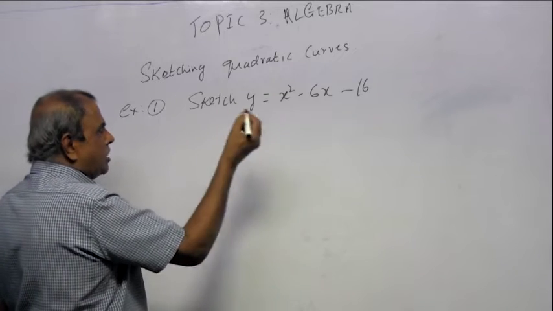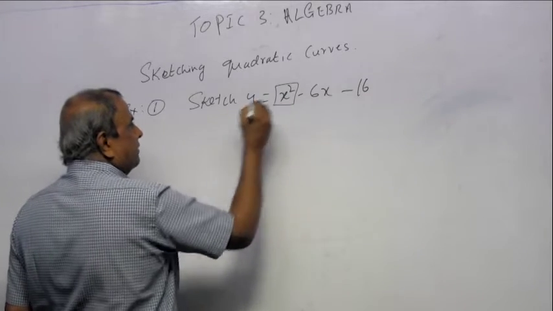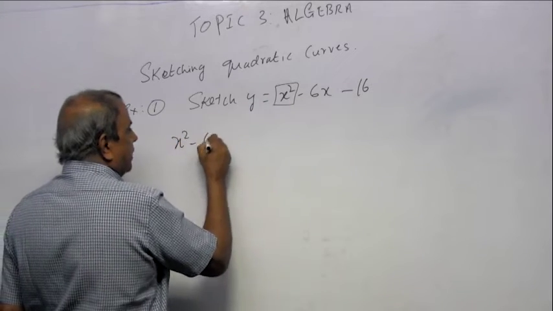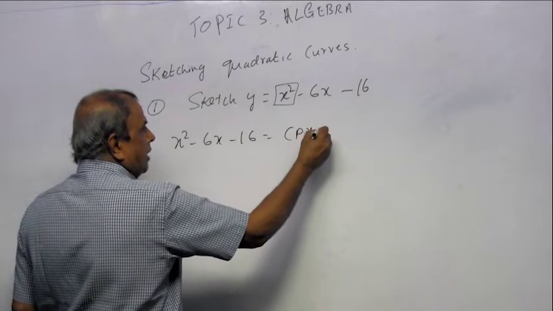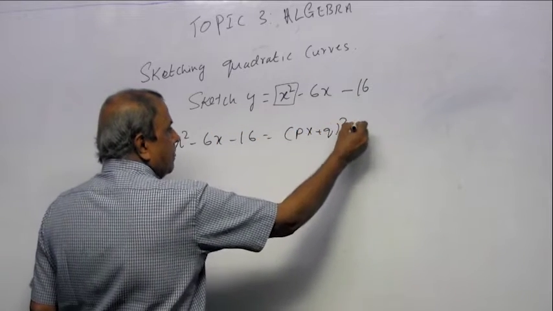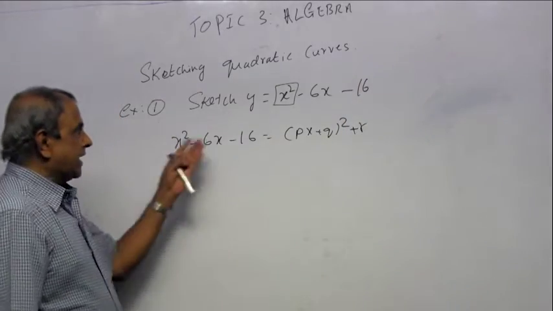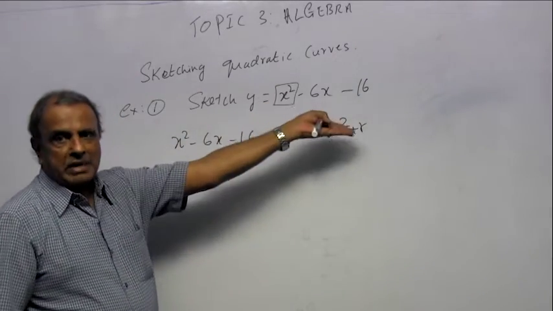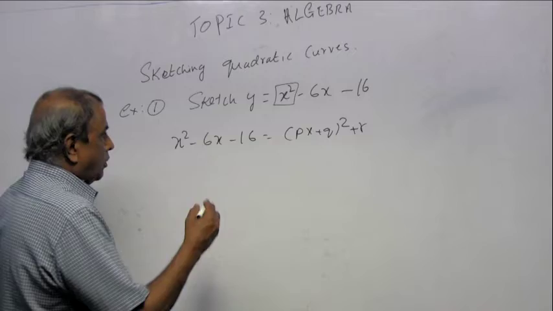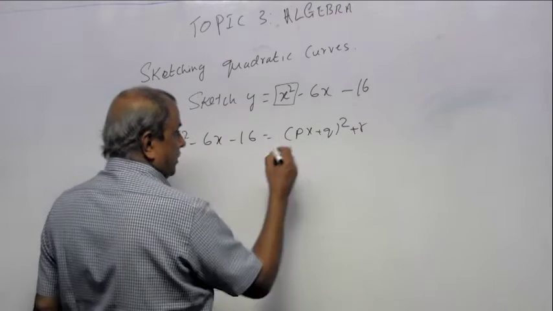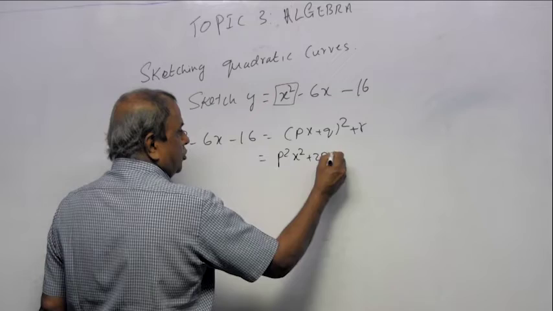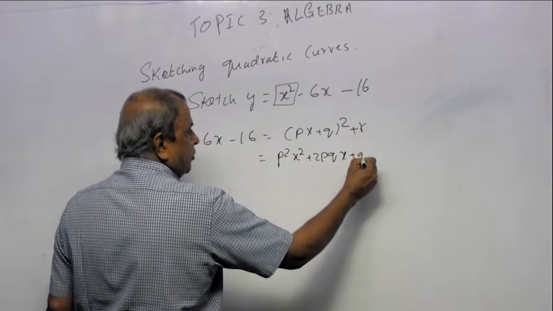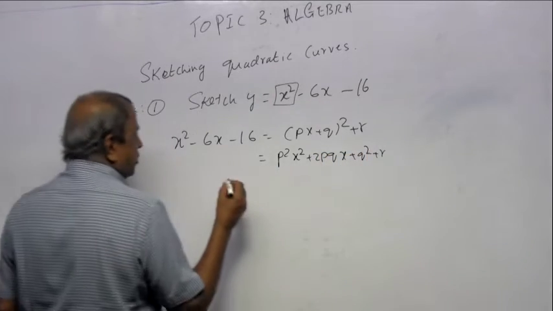It's a positive x squared. Whenever it is a positive x squared, you write it as p x plus q, whole squared, plus r. Indirectly, I'm making it into a square and a number. Why we do this will become obvious when I sketch the curve. So it is p squared x squared plus 2pqx plus q squared plus r.